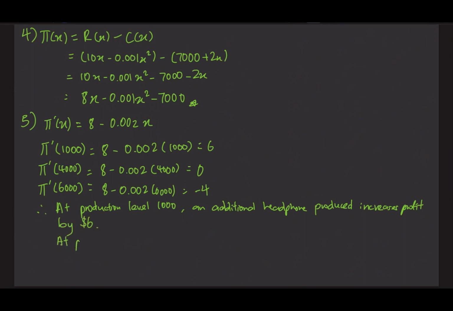Then at production level 4000, an additional headphone produced doesn't increase profit. Same at production level 6000, an additional headphone produced in fact decreases profit by $4.